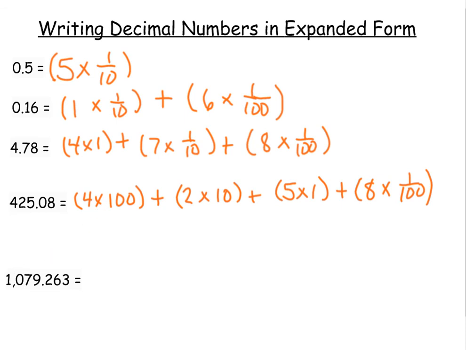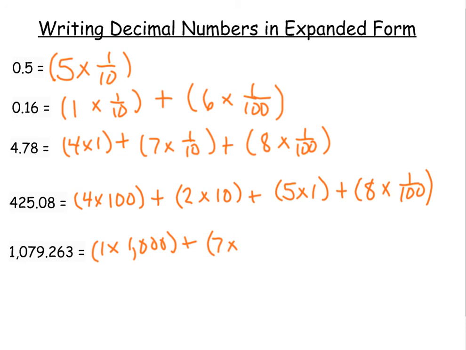Now we have 1,079 and 263 thousandths. 1 is in the thousands place, so that's 1 times 1,000. There are no 100s, so we can leave that out, or put it in, doesn't matter. 7 times 10, because 7 is in the tens place. Added to 9 times 1, which is in the ones place. 2 is in the tenths place, so that's 2 times 1/10. 6 is in the hundredths place, so that's 6 times 1/100th.